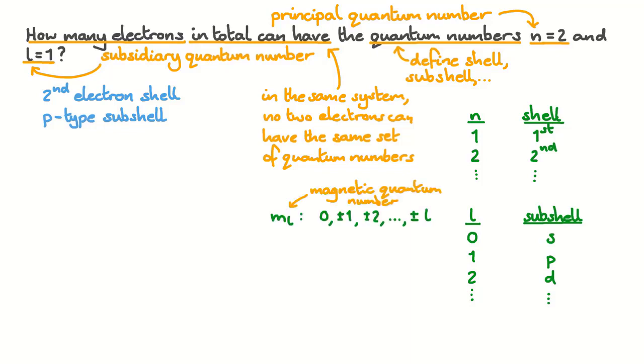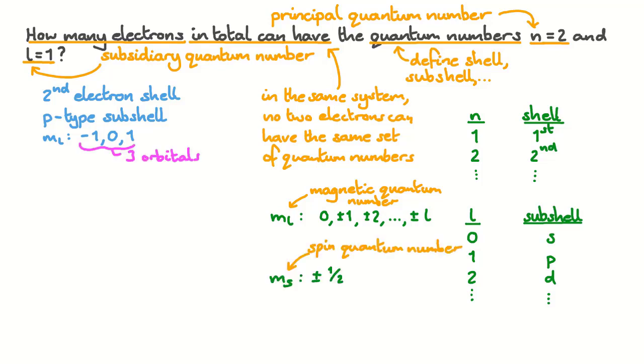There's another quantum number that defines the orbital the electron is in, and that's known as the magnetic quantum number. The possible values of the magnetic quantum number are 0, ±1, ±2, until we reach ±l, which, for a value of 1, would give the values of ml of -1, 0, and 1. This means we have 3 orbitals in total.